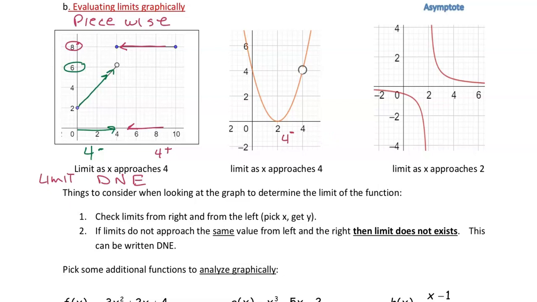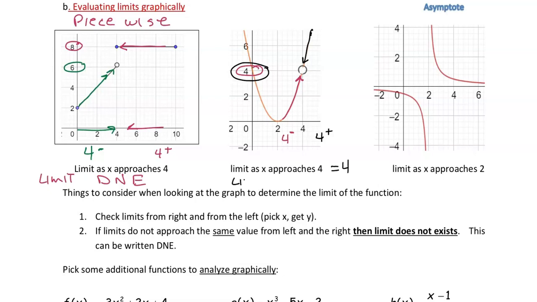And we'll say, okay, we're approaching 4 from this lower than side, and we are aiming on 4 on the y-axis. Let's approach it from the greater than 4 side. That means we come down this curve, and look, we're approaching the same number. So we can say the limit as x approaches 4 equals 4.